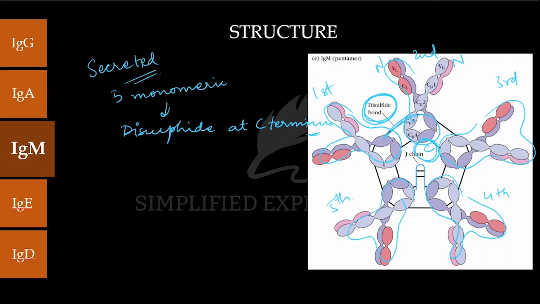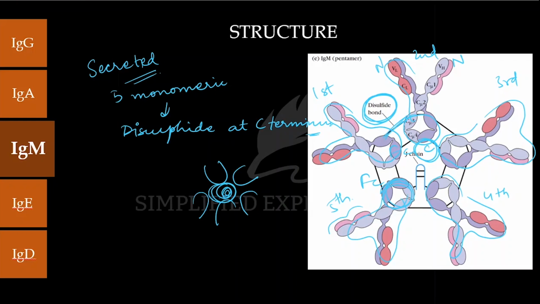And if we see the diagram, the 5 monomeric units are arranged with their Fc region in the center. This is the Fc region and this is the Fab region. All the Fc regions are concentrated at the center, towards the center of the pentamer.